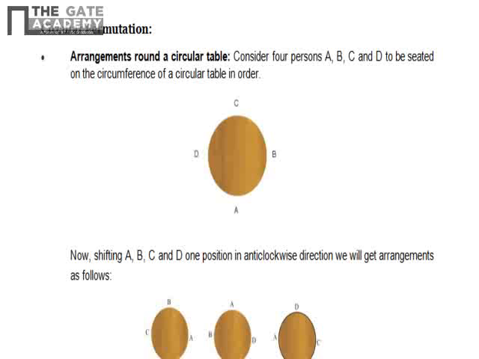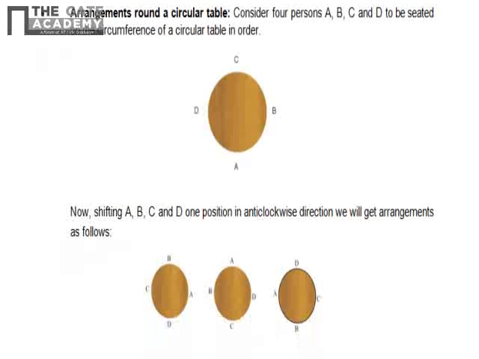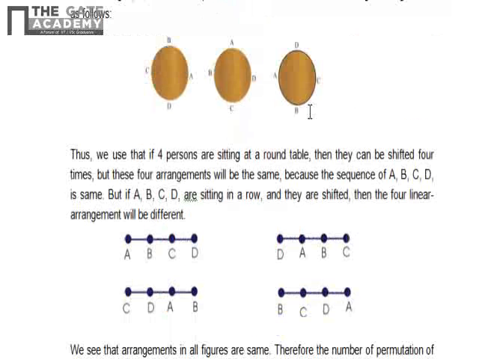Suppose you want to seat 4 persons, A B C D, on a circular table. So the arrangement is like this, and if you move them in a clockwise or anti-clockwise direction, the movement is like this: A B C D, A B C D, A B C D. But in linear arrangement, if you move A B C D, A B C D, that means the order is different, whereas here the order is always the same.